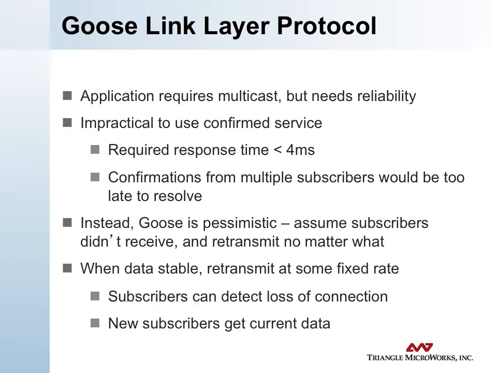As the data gets more stable, so you're farther away from a change event, then the retransmission rate spreads out so we don't overload the LAN. And basically then it comes to some fixed rate which subscribers can use to detect loss of connection, and new subscribers that come on after the change event will still get the current data.